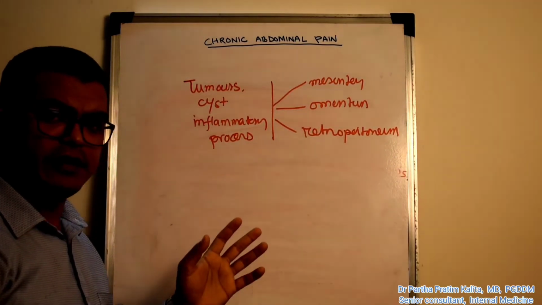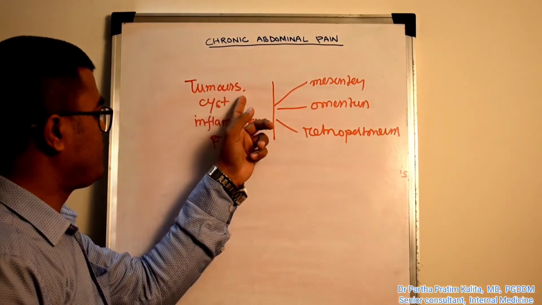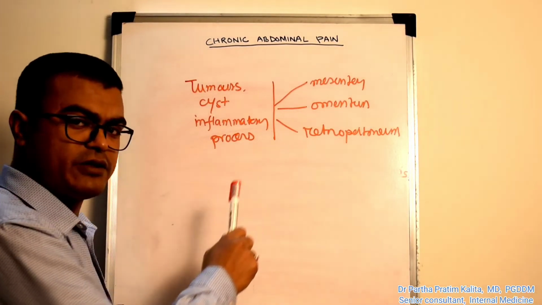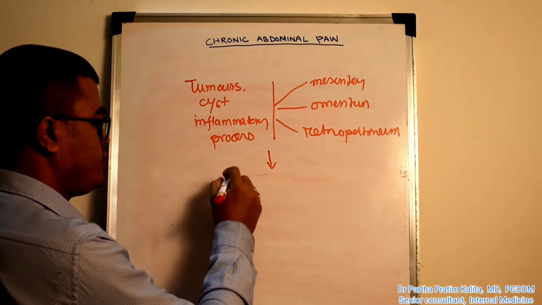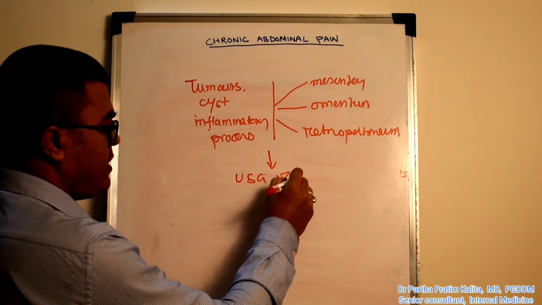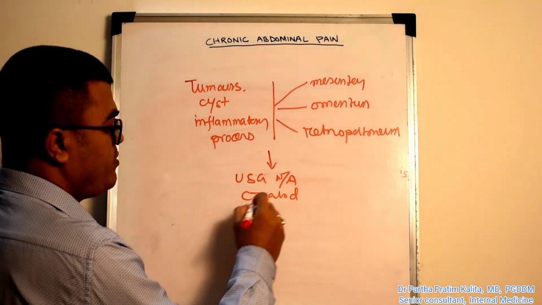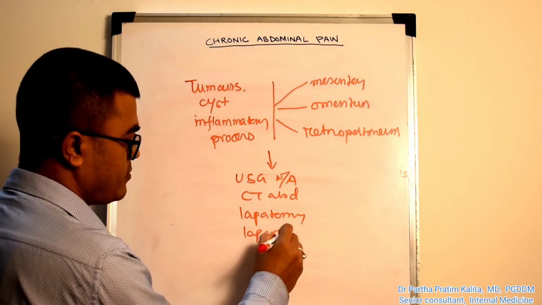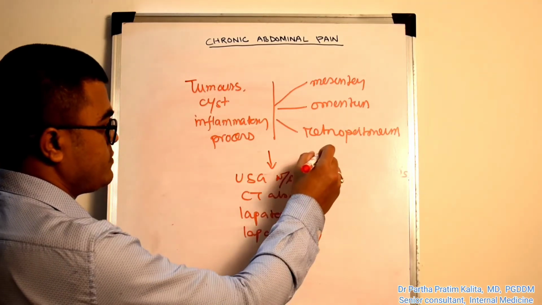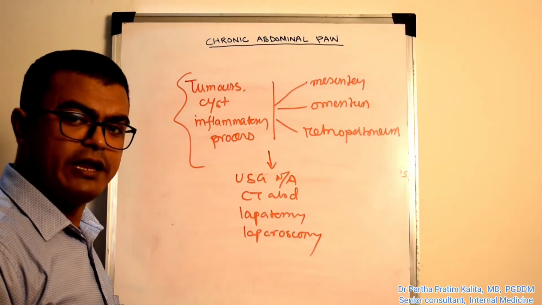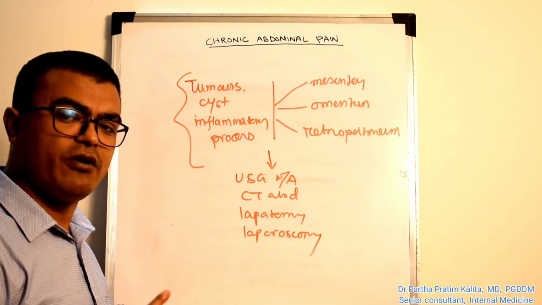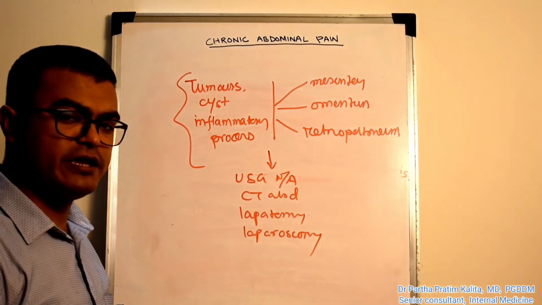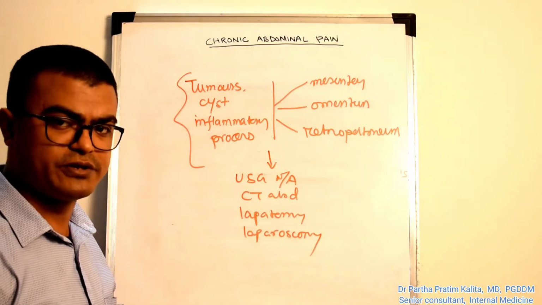For that we have to do an ultrasonography of the abdomen, a CT abdomen, or we may need a laparotomy or laparoscopy. So we have to rule out any kind of tumor, cyst, inflammation or infection going on in the mesentery, omentum or retroperitoneum, and for that we need an ultrasound, CT, laparotomy or laparoscopy.